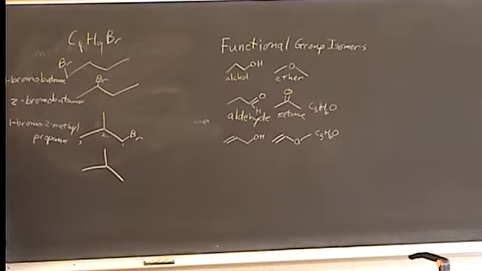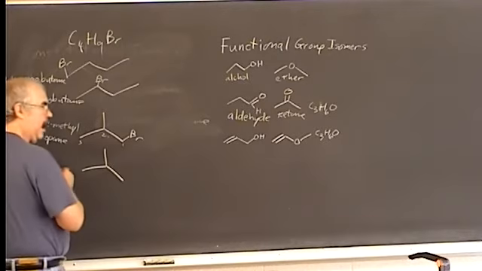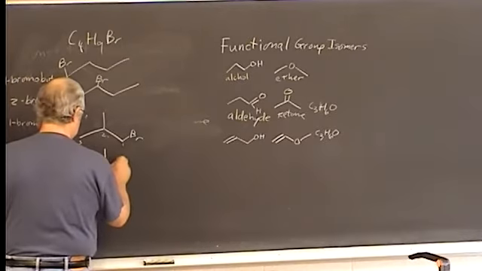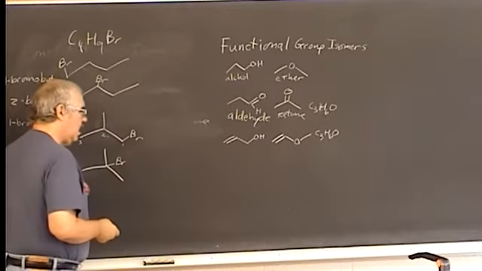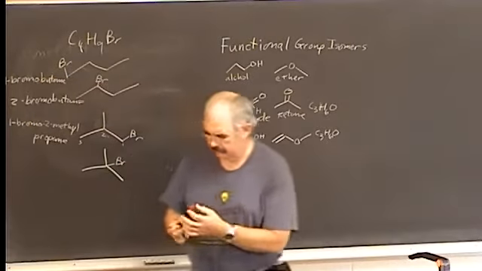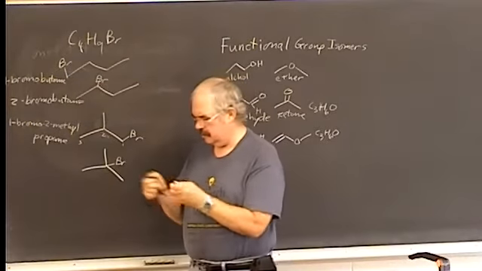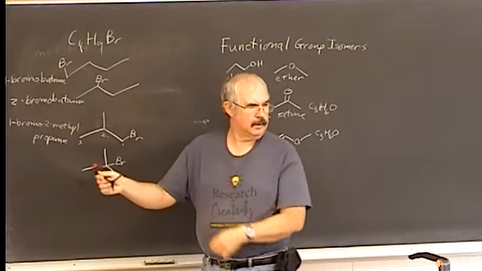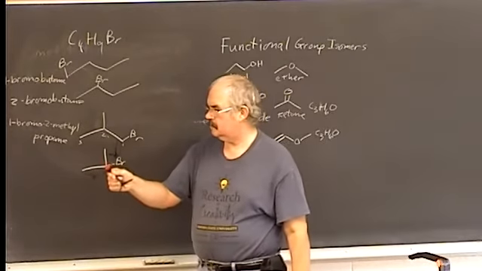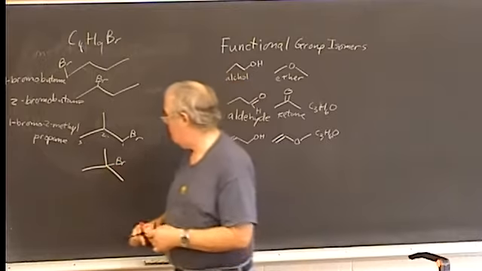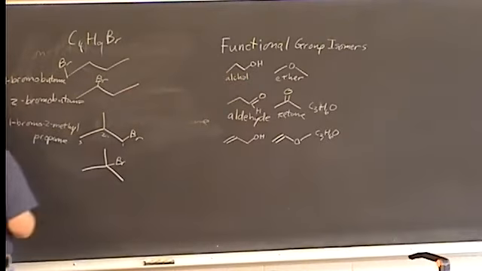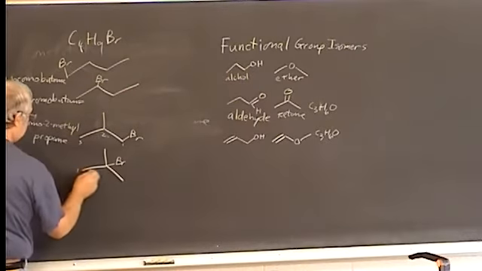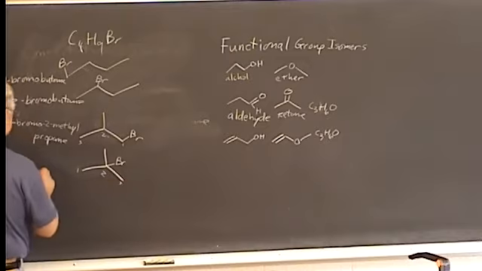Okay, the other isomer we can get by placing bromine here. That would look like this. Bromine is in the middle. Again, our longest chain is propane.